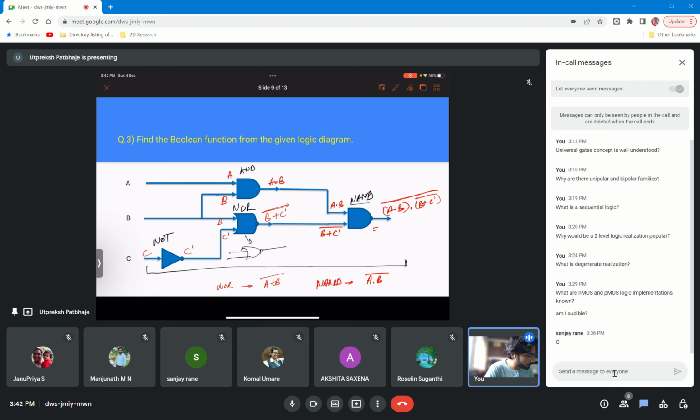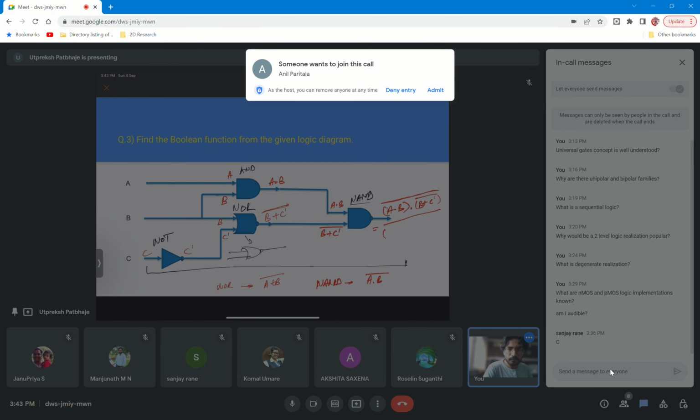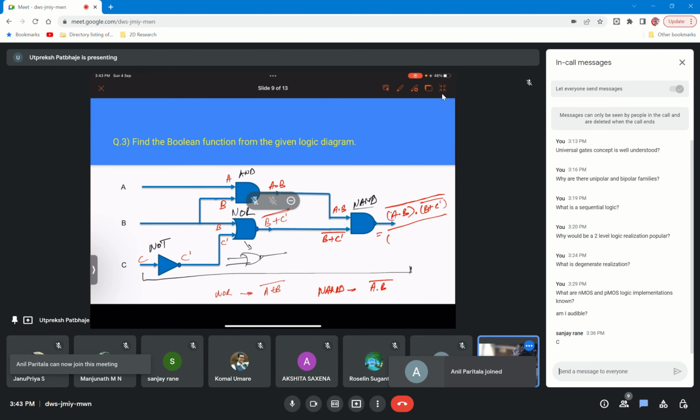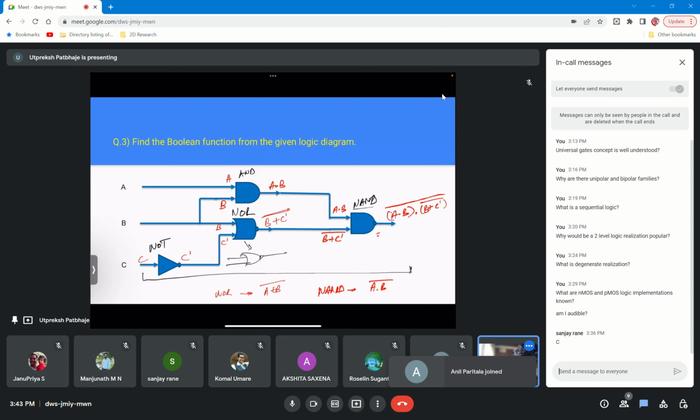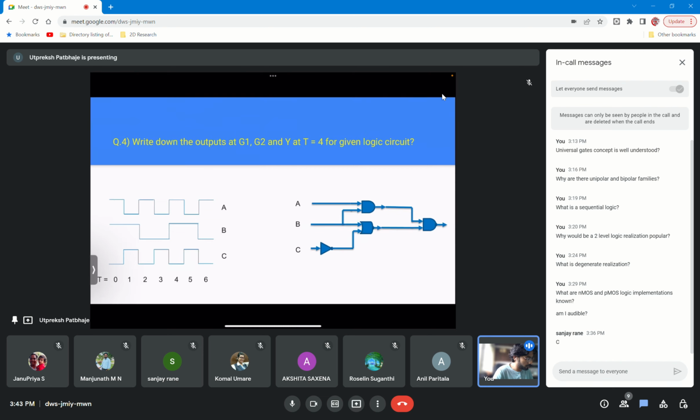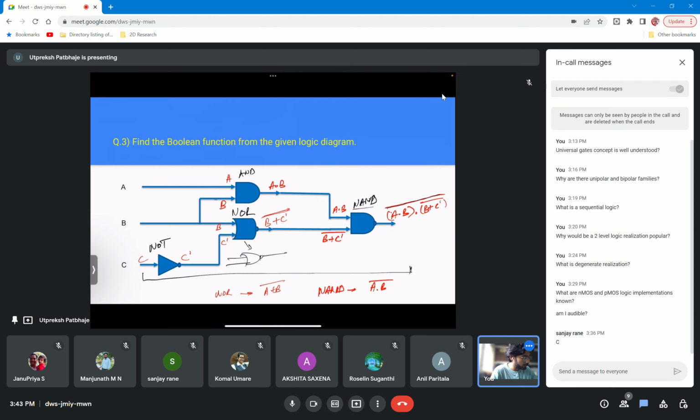So let's do that. Let's keep the outside bar as it is. As we have solved some problems, we know that this whole complement we can distribute among these inputs that we are having.